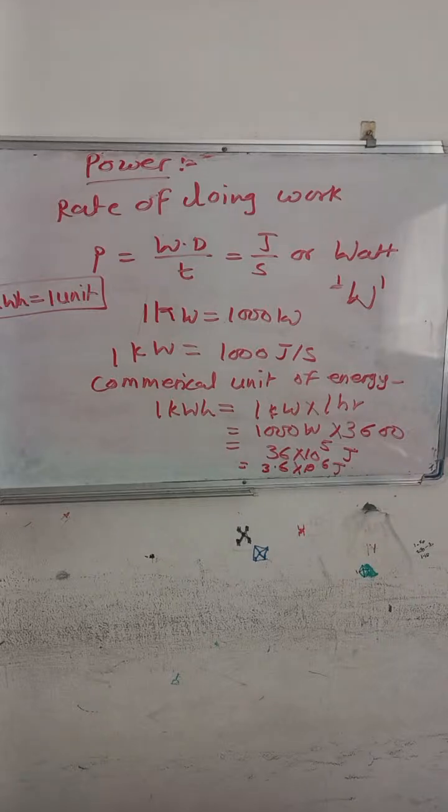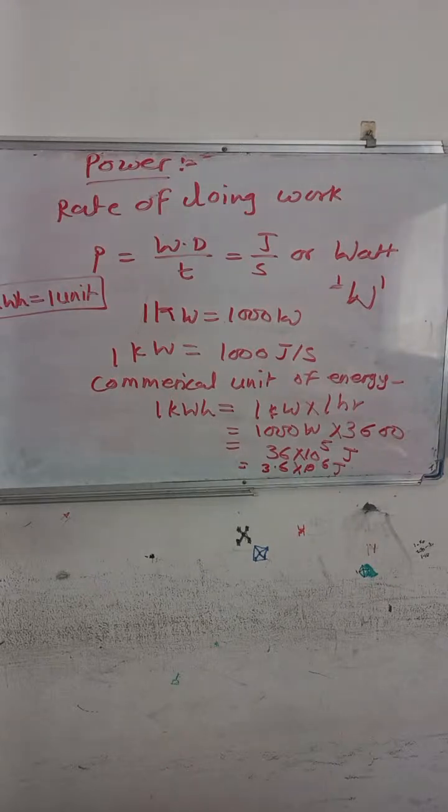When a body falls freely under the gravity, then the work done by the gravity is positive, negative, 0, or infinity.